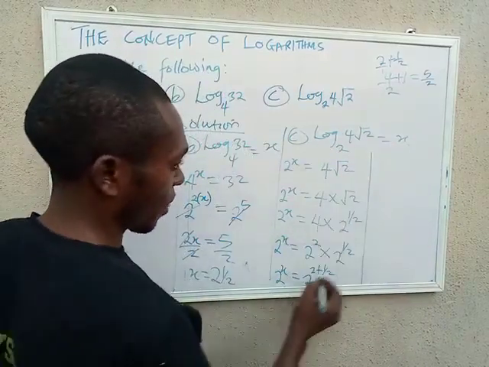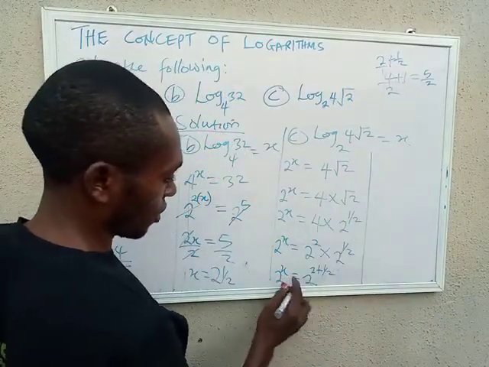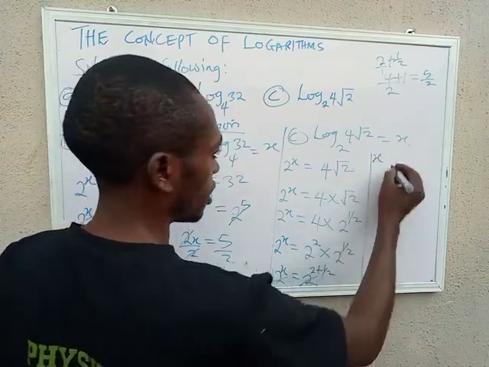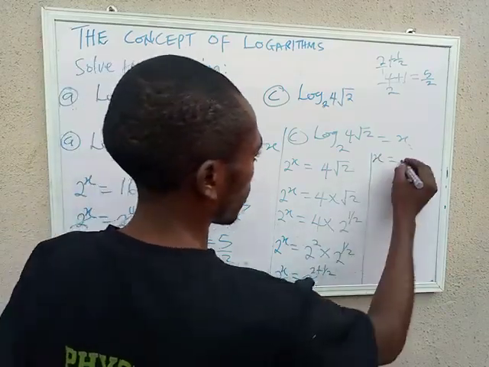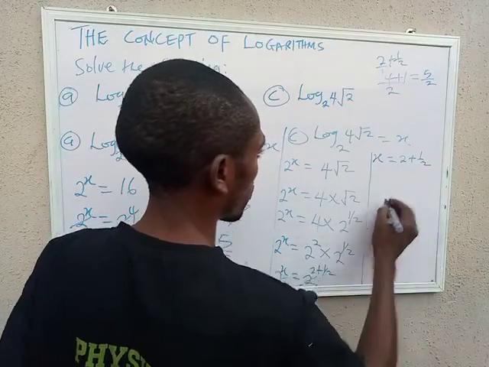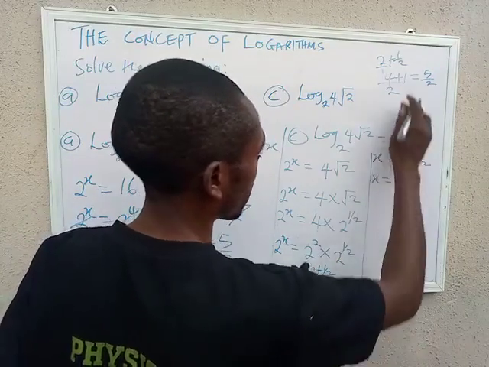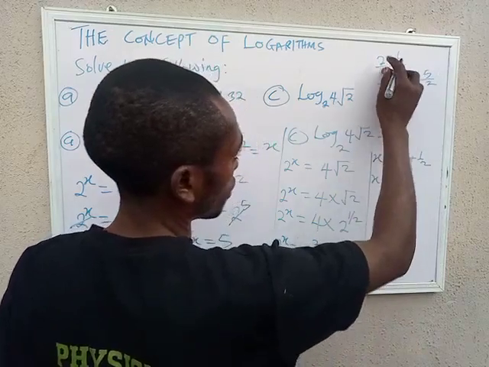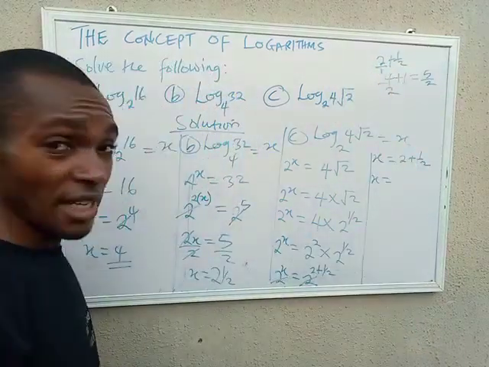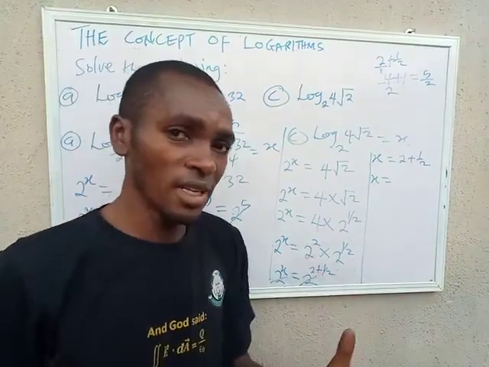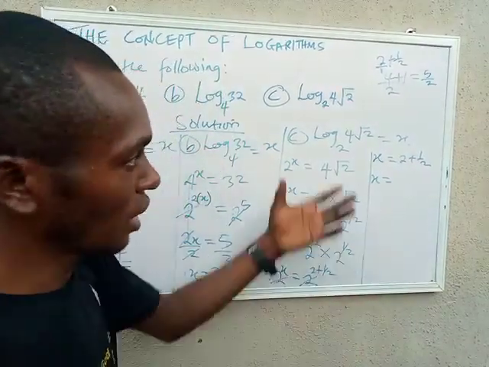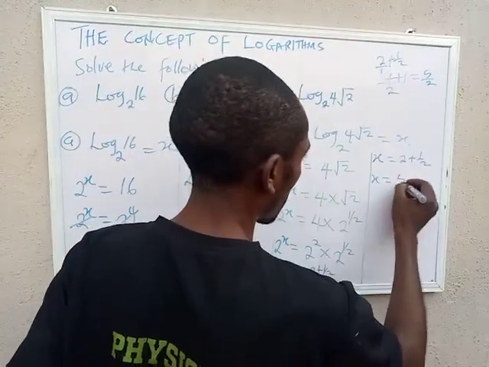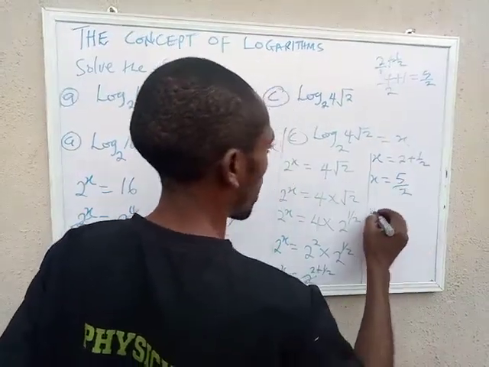Before then, let's resolve this. You have the same base, so this cancels this. What you have left is x equals 2 plus a half. Don't forget, when adding or subtracting fractions, always find the LCM of the denominators.